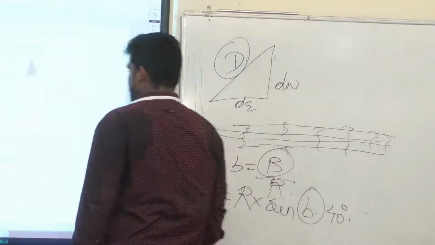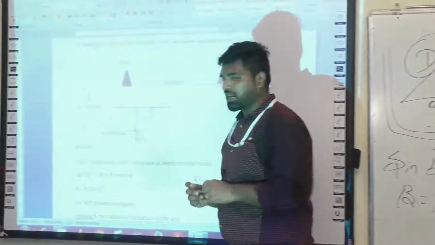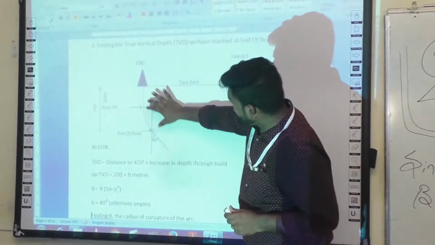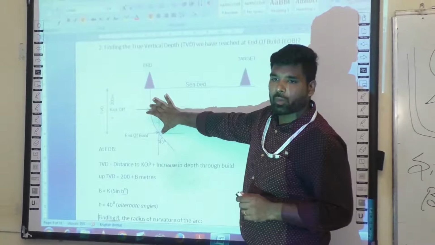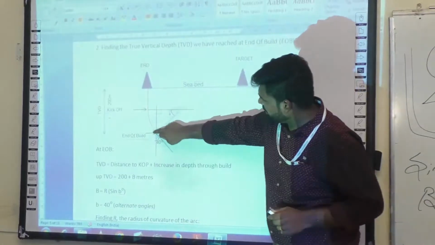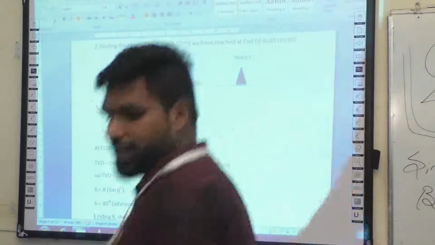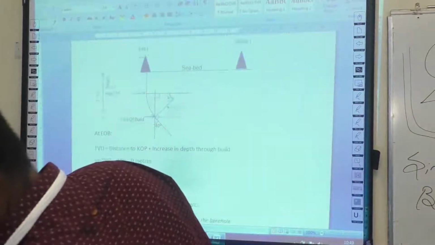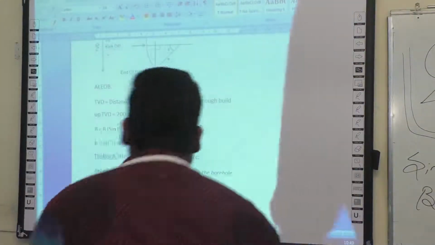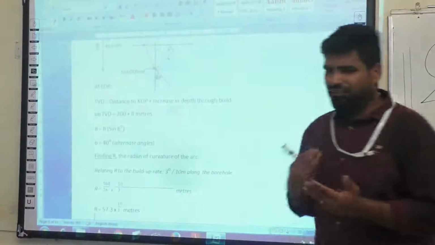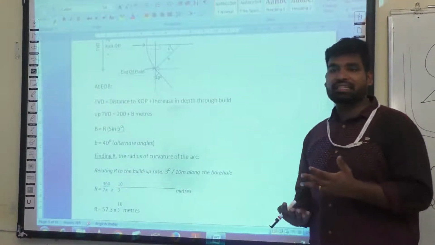So now we have to find this R, which is nothing but the radius of curvature, radius of this arc, right? So in this they have told you the data. You can adjust the data of what they are telling, that every 10 meters. I'm just taking it as an assumption.